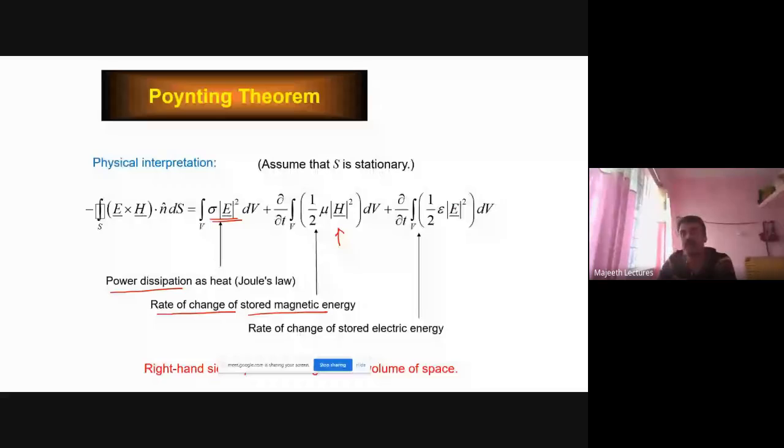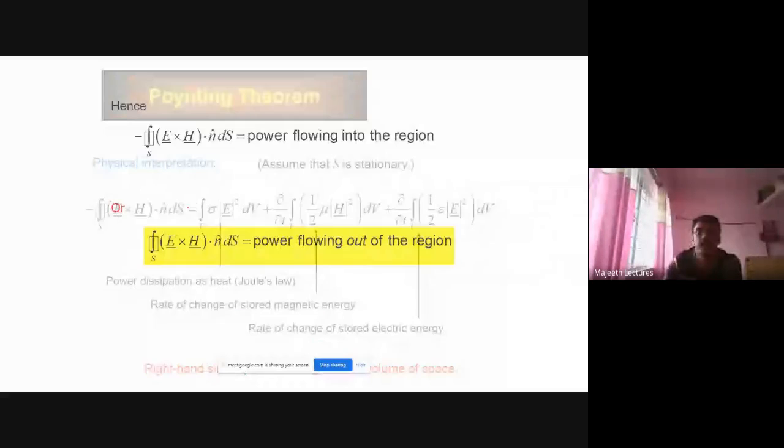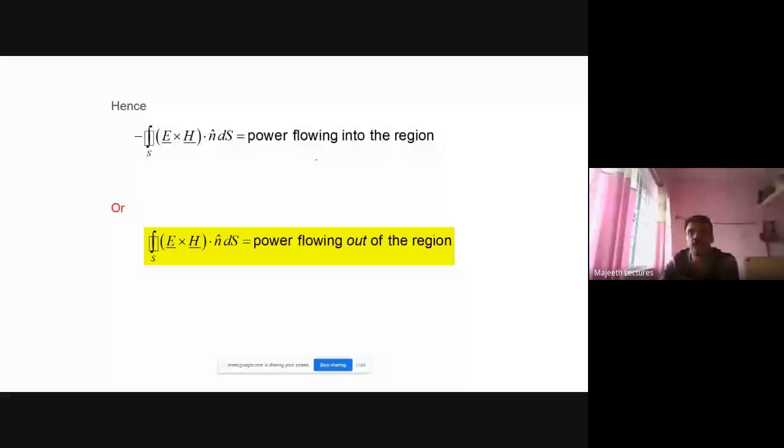Next you see half epsilon E square. This we studied already. It is the rate of change of energy, because dou by dou t is the rate of change of energy stored in the electric field. So you see the left hand side indicates power flowing into the region.